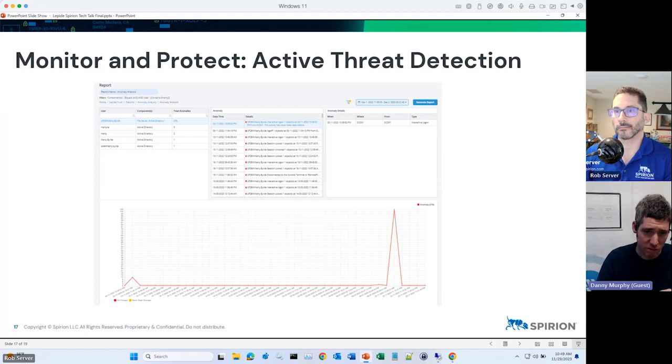So if we understand what people do on a day-to-day basis, and of course, the longer we learn user behavior over time, the more accurate this information becomes. We can start to get a good picture of how our employees are interacting with our data. So when they do something that's out of the ordinary, with that context, we can flag this up.